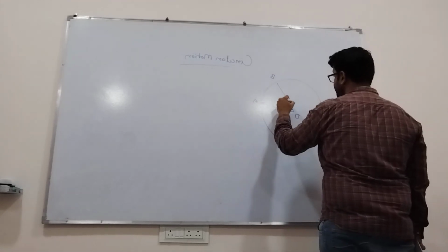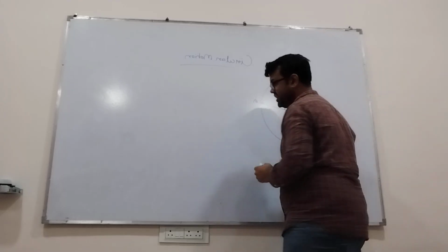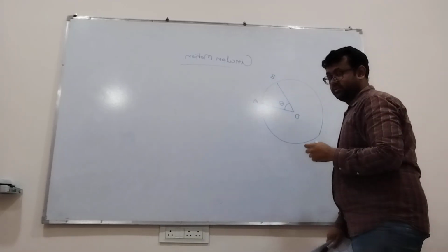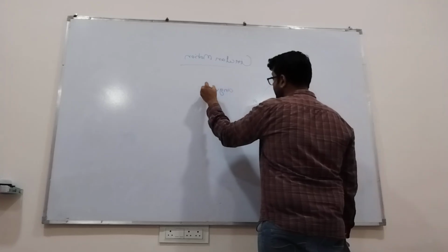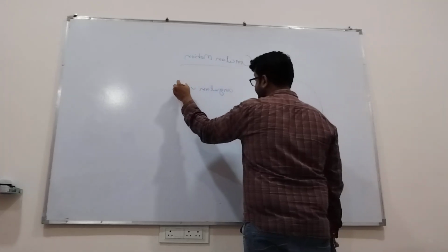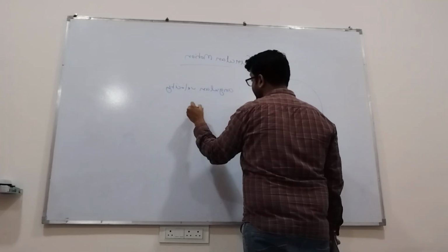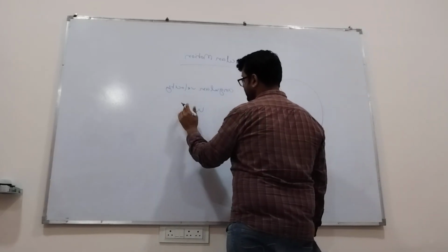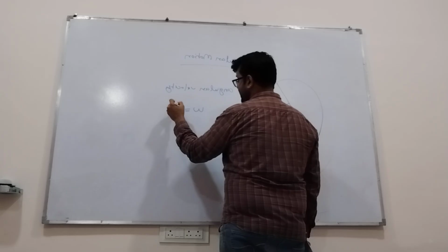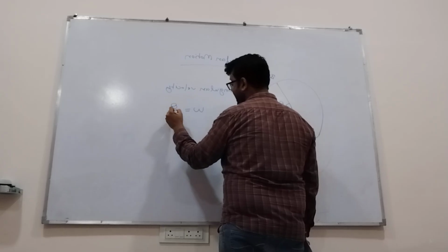This is the theta. So angular velocity, we denote by the term omega. So omega is nothing but the angular displacement upon time.